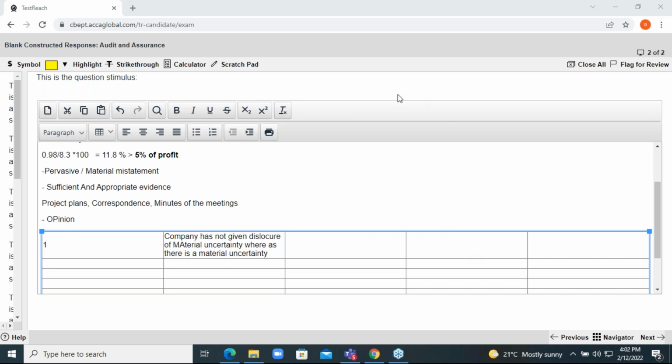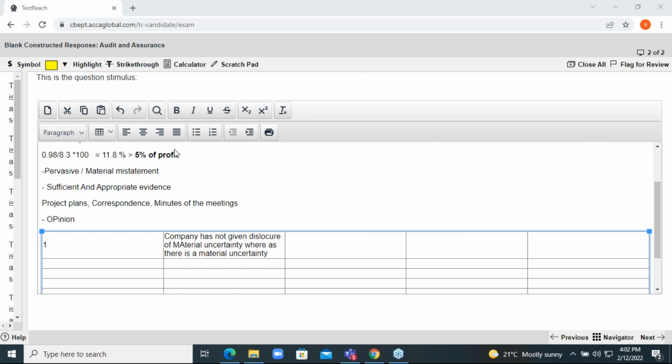Okay, Ryan, you have given an opinion. It doesn't seem to be correct. Kindly read the question again. Hamad Asghar has given an opinion.